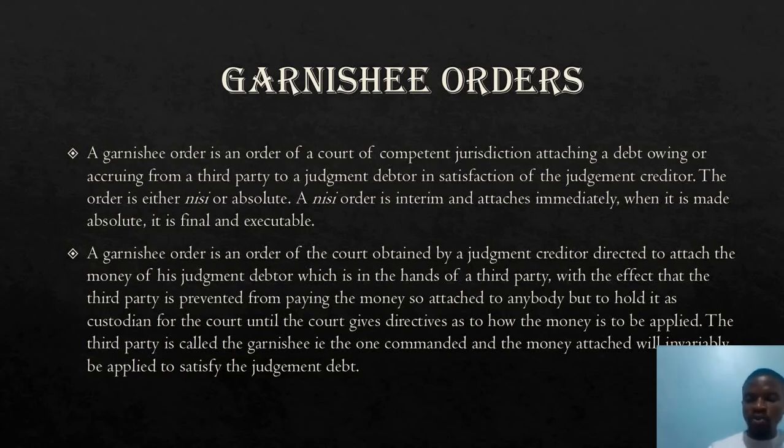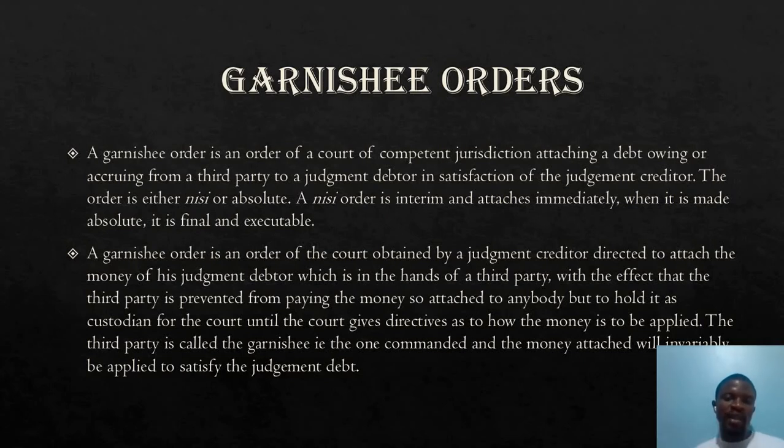Garnishee order absolute is take that money and give it to this person that is being owed by this other person. It arises in two ways. The first way is keep the money until we tell you what to do. Second way is this is what we want you to use the money to do: satisfy the judgment debt. Is that okay? So that is how it happens.